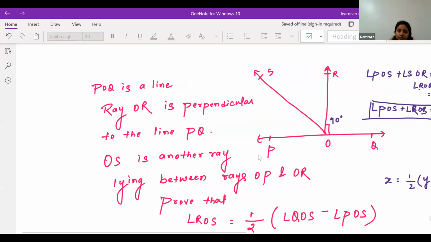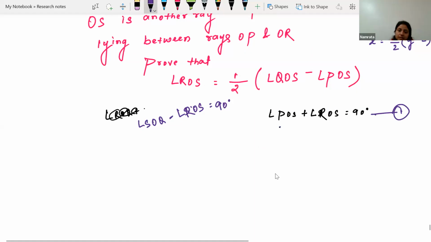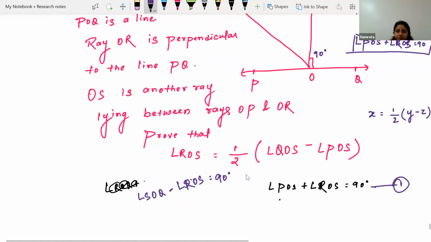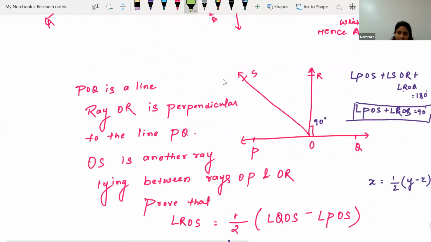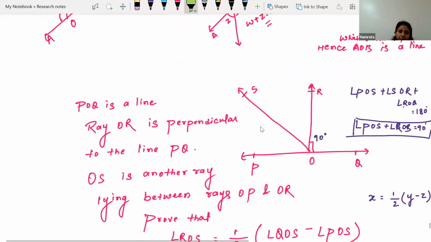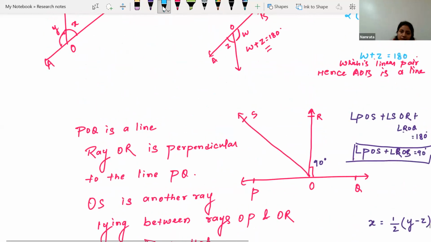If I'm saying the first equation is this one, is it clear to both of you? Yes. Okay. The next equation I have written by myself. Just look at it carefully. I am saying that from this complete angle, from this total angle, if we will subtract only this much, we will get 90 degree. The remaining will be 90 degree. Yes or no?